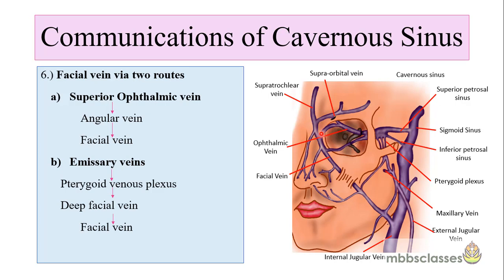So if you see here, this is the angular vein, which continues as the facial vein. In this way it also communicates with the supratrochlear and the supraorbital vein. Next is the facial vein. It communicates with the cavernous sinus via the pterygoid plexus of veins, which is located in the infratemporal fossa.